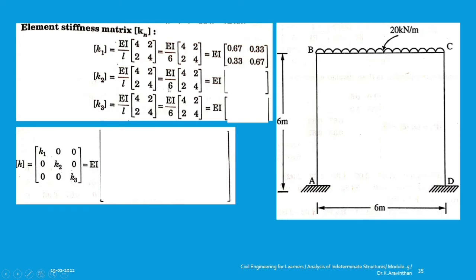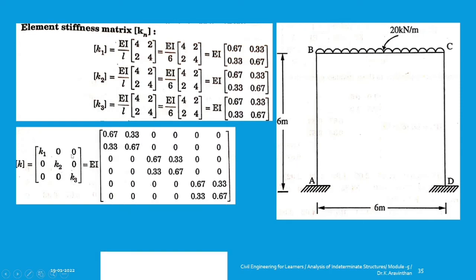You can divide 6 into all the terms here and you will be getting 3 element stiffness matrices, and you can make them into a single matrix. Only diagonal blocks will be active, rest of the components will be 0. If you substitute the values, 0.67, 0.33, 0.33, 0.67. So this is your first matrix, second matrix and third matrix. Rest of the components will be inactive.